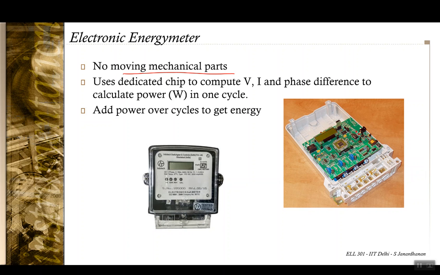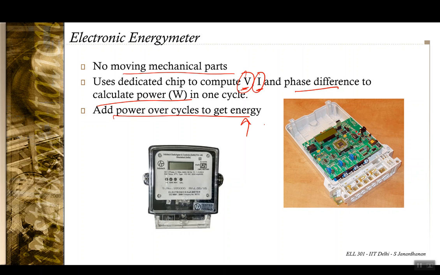Using dedicated chips, both the magnitude of the current and voltage are measured, and the phase difference between the current and voltage is also estimated, from which the power consumed in one cycle is estimated, and then that is added over time to get the energy.